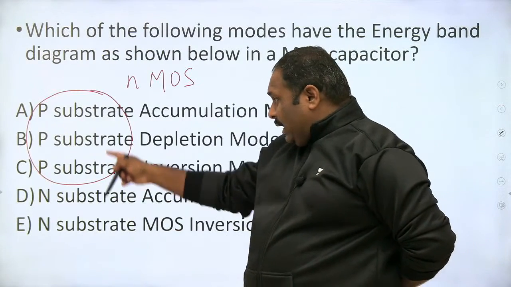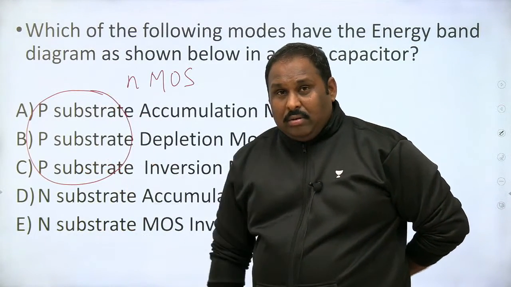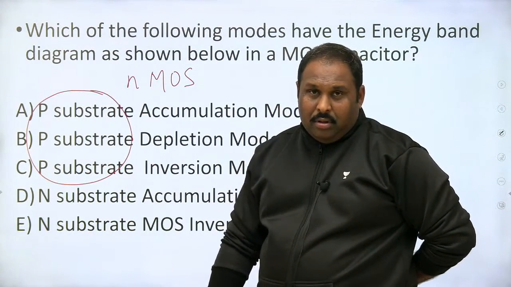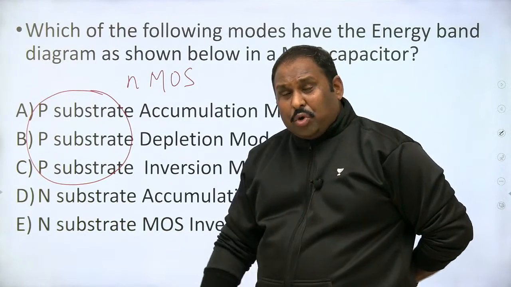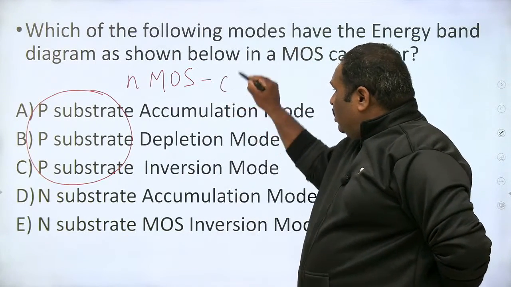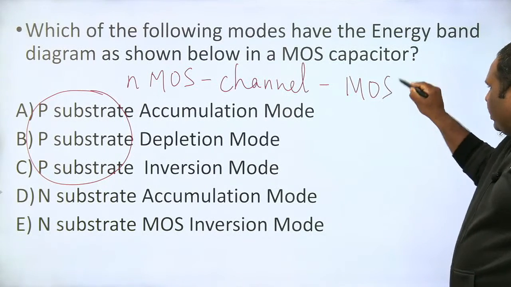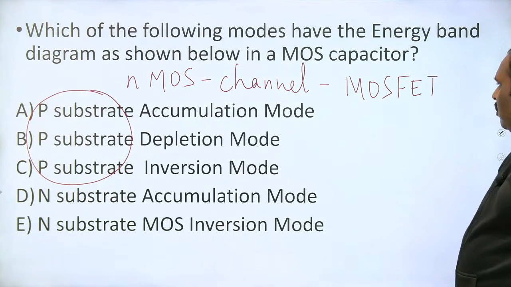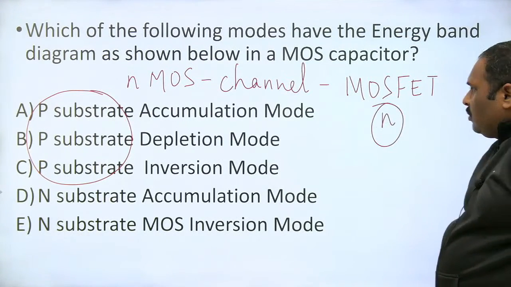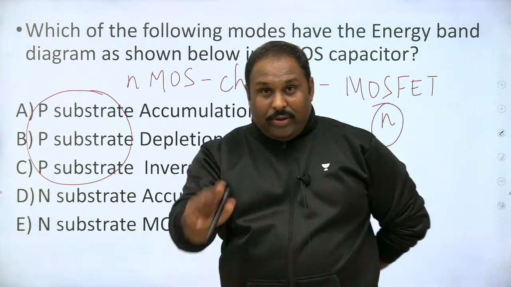That's why I wrote so clearly substrate, or is it MOSFET name. So P substrate is called as NMOS because the channel, as if you look at your MOSFET notations, will be N channel. So P substrate is always called as NMOS.